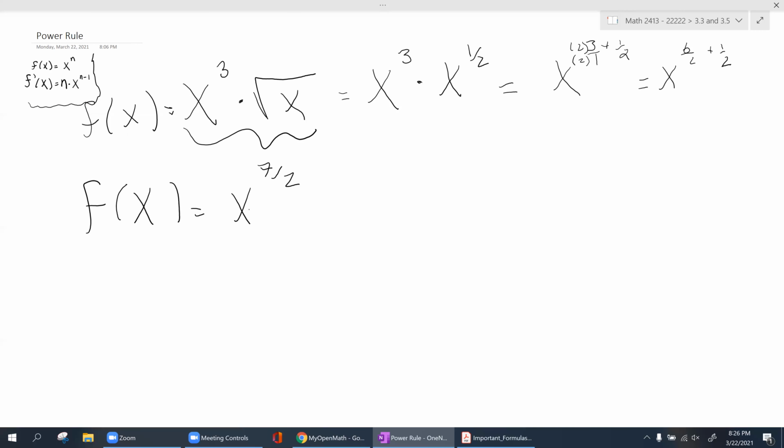And let me go ahead and derive that. The derivative of this is, it's a whole number, that's fine. This is just 7 over 2 times x to the 7 over 2 minus 1.